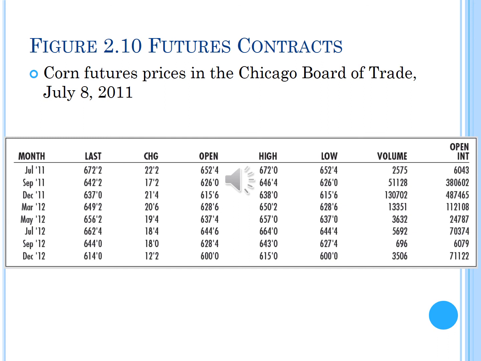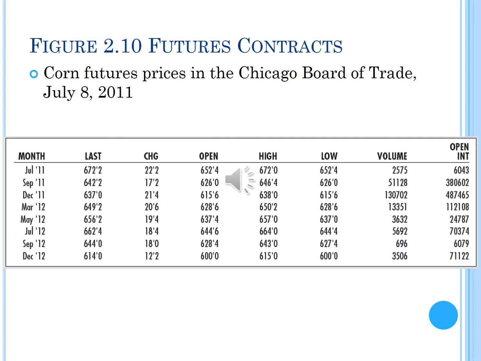That would equal $1,000. On the contrary, the short position must deliver 5,000 bushels for the previously agreed upon futures price. So the short position's loss equals the long position's profit.